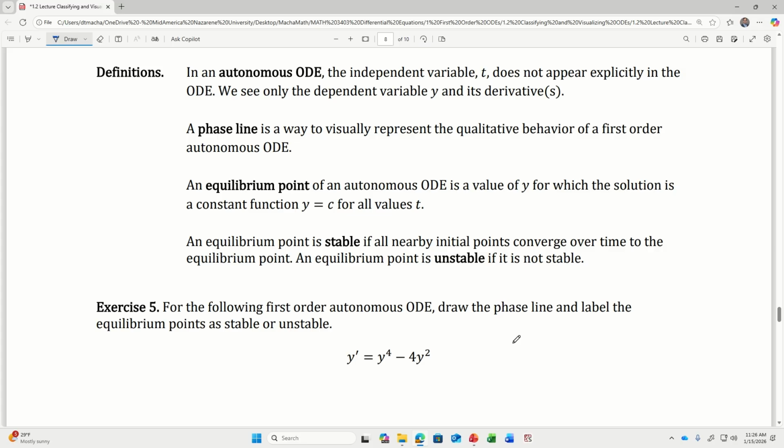An equilibrium point for a first order autonomous ODE is one where the first derivative is equal to 0. Because if the derivative is equal to 0, and this is a first order ODE, so we're not saying anything about the second derivative, then the function is going to be constant for all values of t.